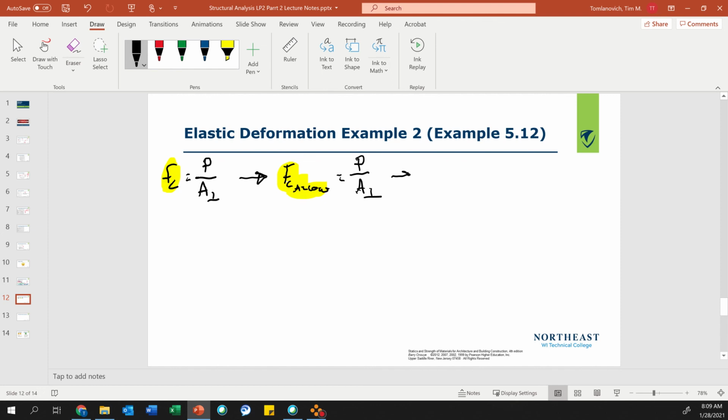So the question is asking allowable load capacity. So if I take FC allow times my area perpendicular to the load, that will equal P, which, because I'm using my allowable stress, I'm calculating my allowable load based on that area, so I do not exceed that stress. So you can call this P allow.